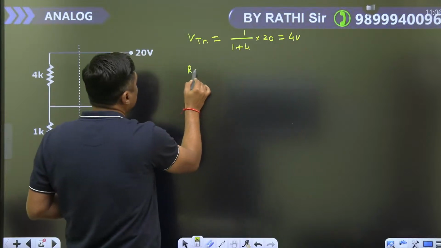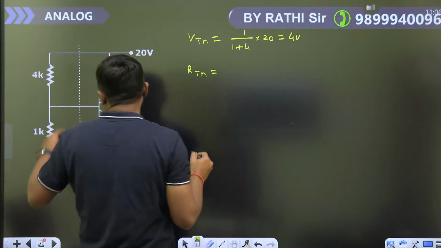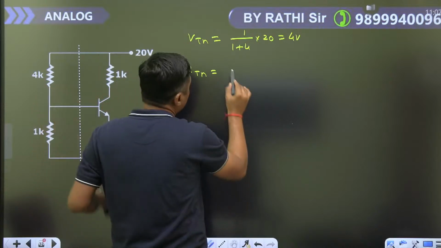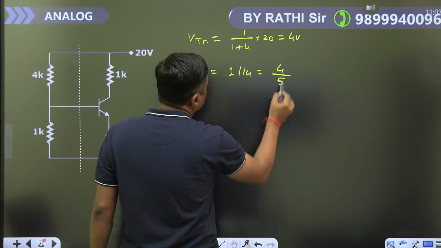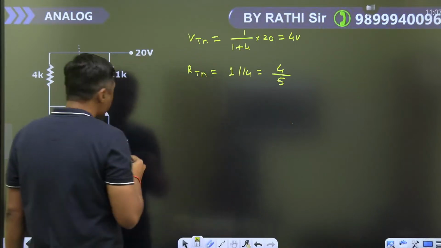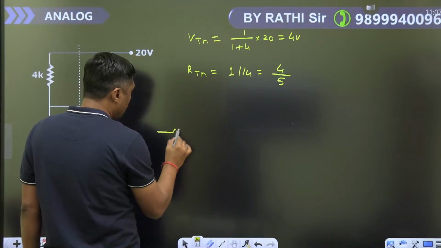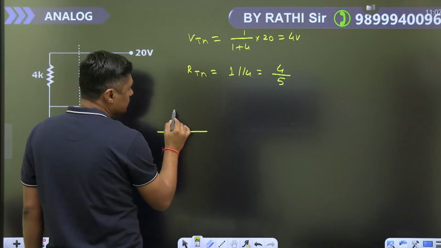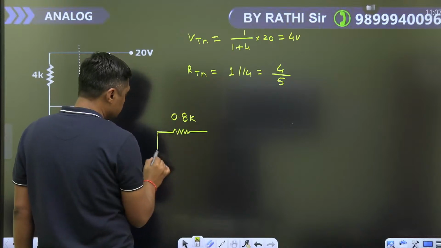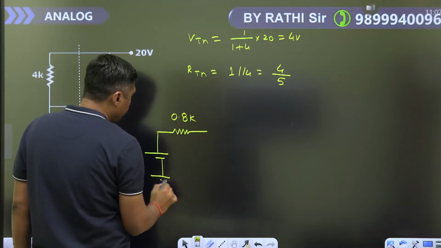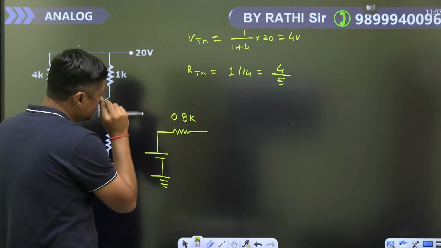And what is the RTH? RTH is nothing but 1 and 4 in parallel, 4 divided by 5, which means 0.8 kilo ohm. VTH is nothing but 4 volt.